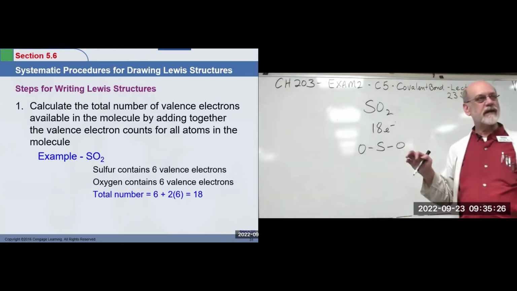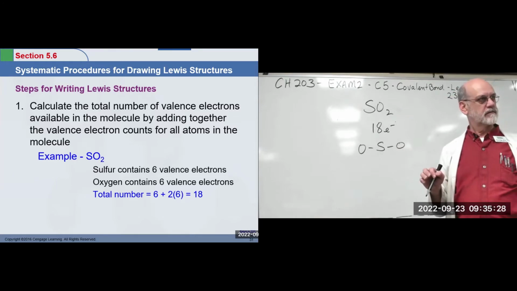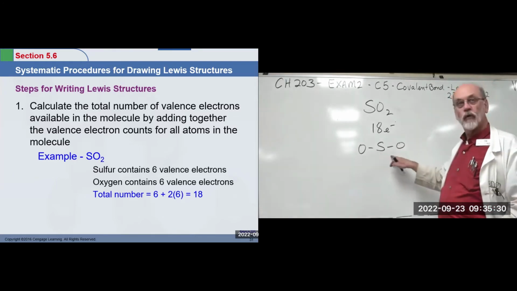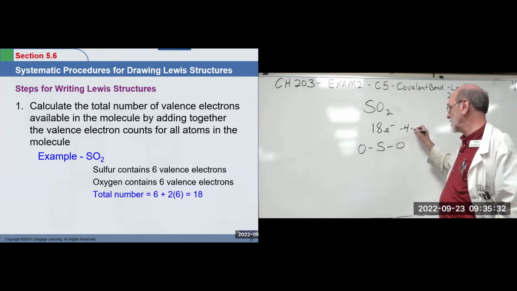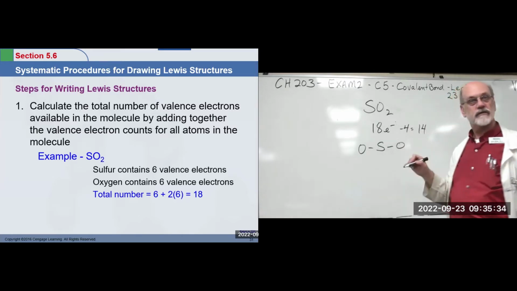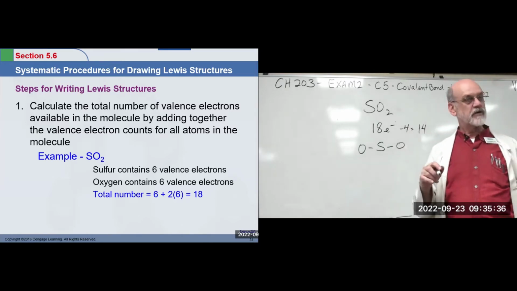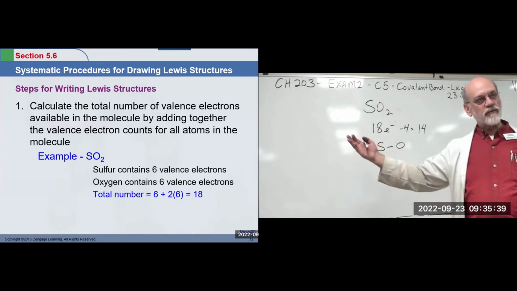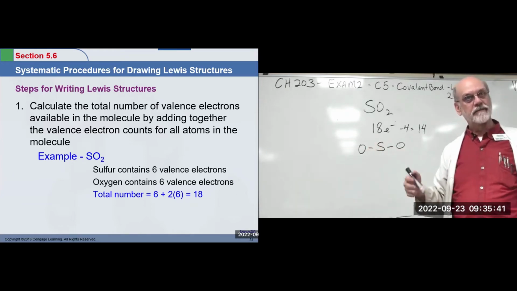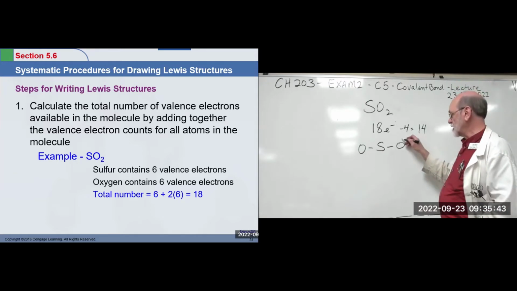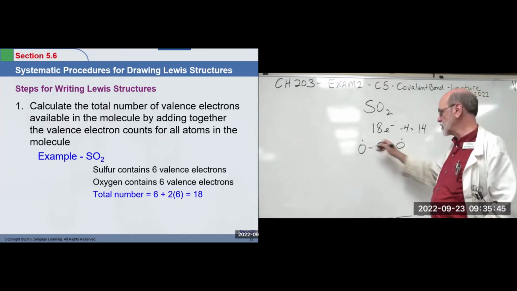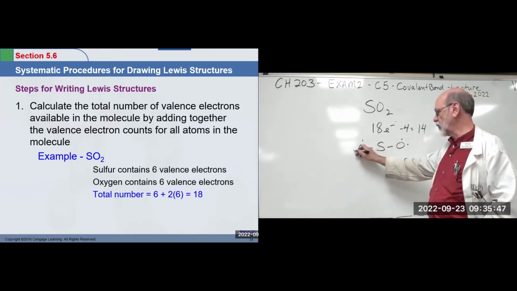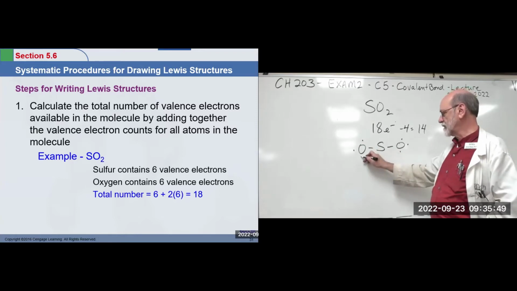Now, we've used how many electrons? 2, 4, right? So we've got 14 electrons remaining to position. You start from the outside and work your way in. Right? So we say 1, 2, 3, 4, 5, 6.